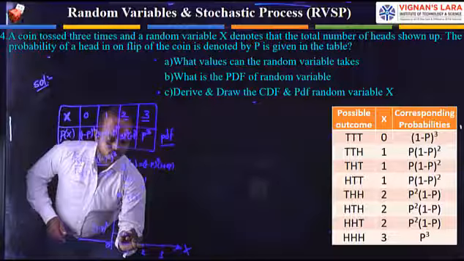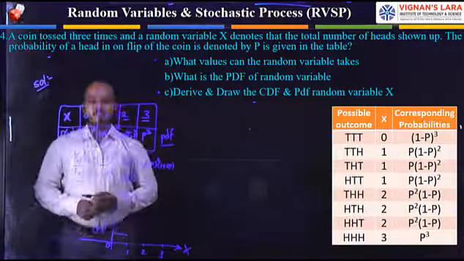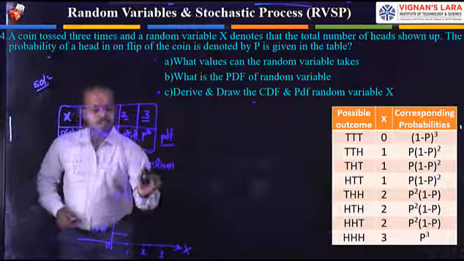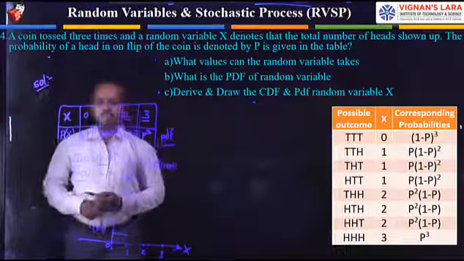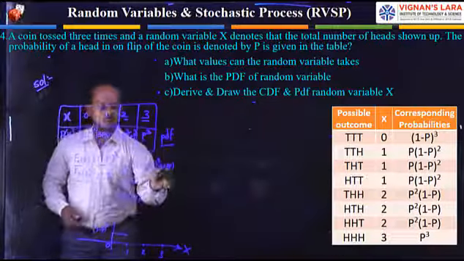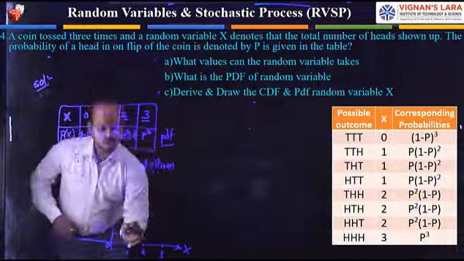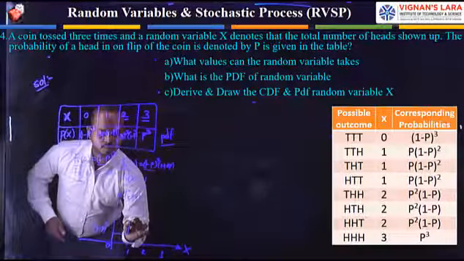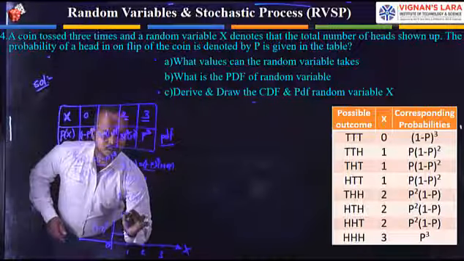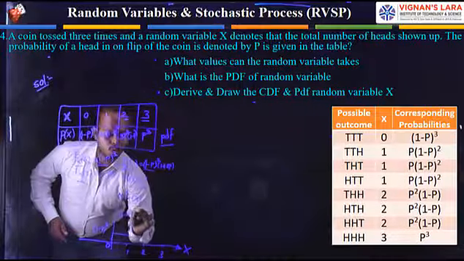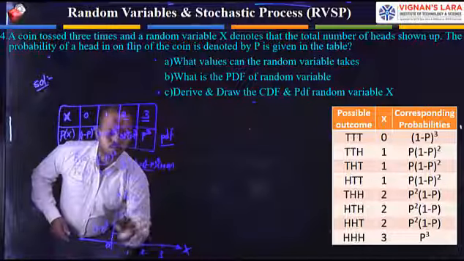At 1, the quantity is 1 minus p whole square into 1 plus 2p. This quantity I am representing here, the magnitude is 1 minus p whole square into 1 plus 2p.